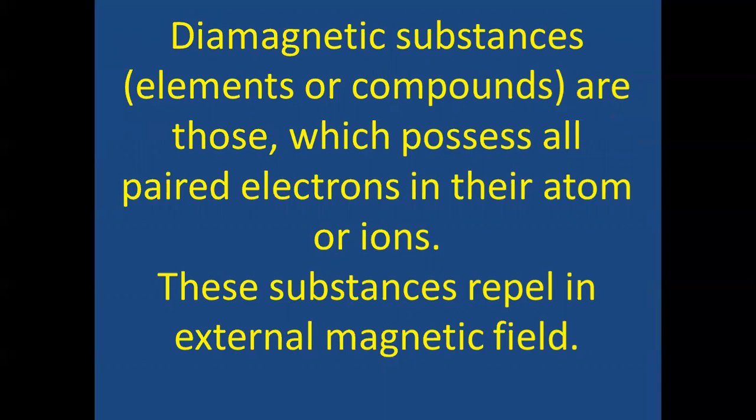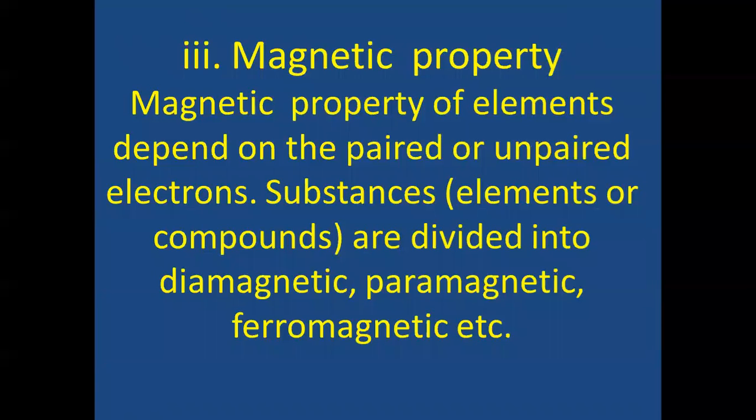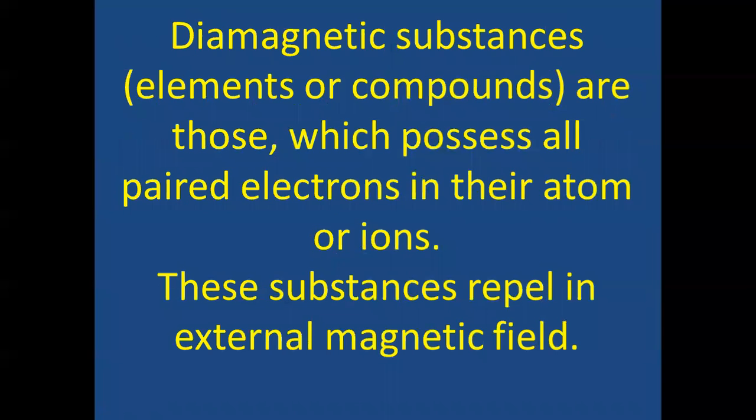One is called diamagnetic substance, the other is called paramagnetic substance. Actually, there can be paramagnetic, diamagnetic, ferromagnetic, etc. But mainly all these substances can be divided into dia and paramagnetic.